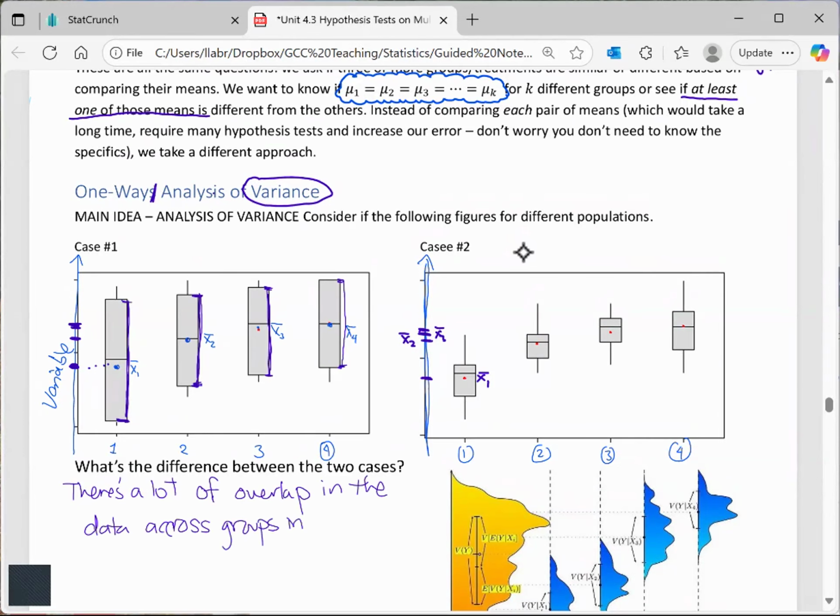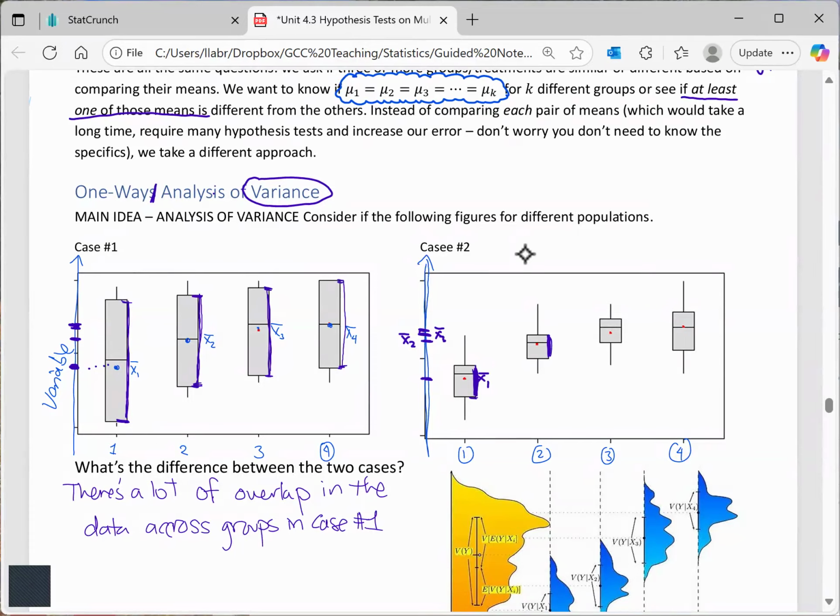In case 1. But if we look at case 2, look at the amount of variability we have here. There's this much variability. In group 2, there's this much variability. In group 3, there's this much variability. And finally, in group 4, there's this much variability. What I want to point out is that there is not a lot of overlap.